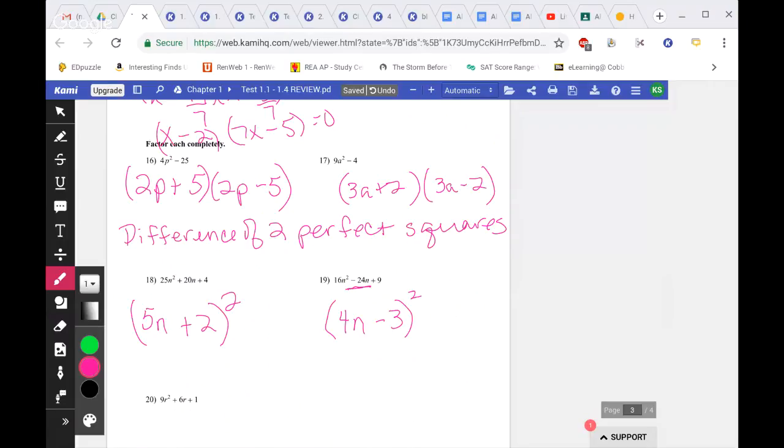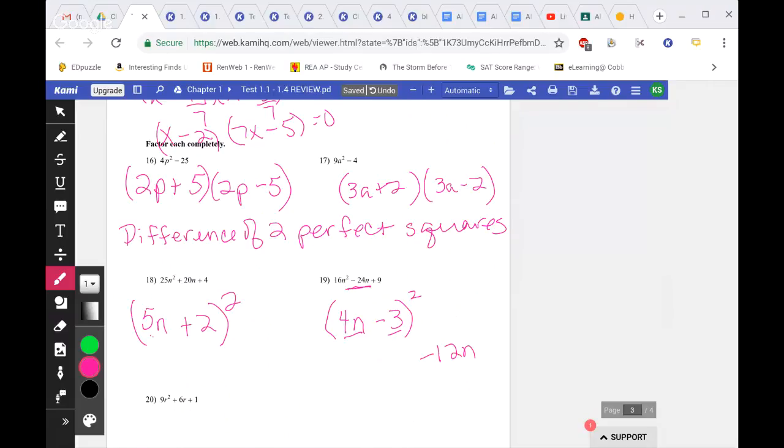I'm kind of confused about the B value. Okay. You're actually doubling. That's why I had you multiply 5n times 2. Now multiply 4n times negative 3. What do you get? Negative 12n.